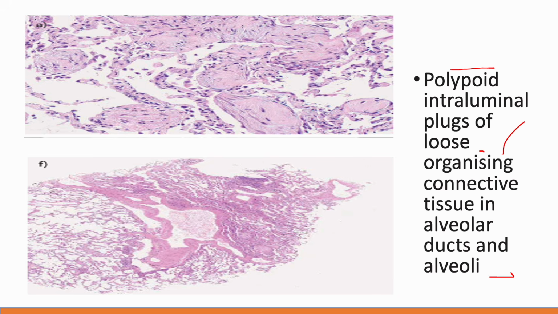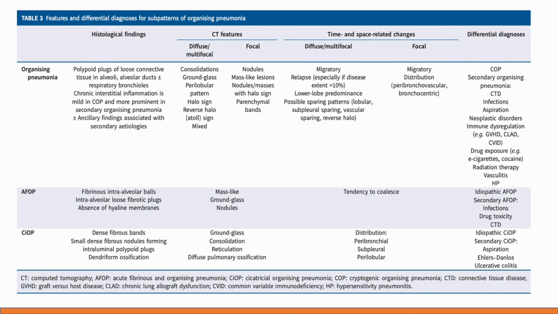Now, usually here we don't see any interstitial fibrosis because the inflammation may not be very conspicuous. And what we also see in histopathology is the vascular sparing. So, there's a relationship with the veins and the lymphatics, and the polypoid plugs of loose organizing tissue are usually seen on the sides of the vein. So, that's also very typical of organizing pneumonia.